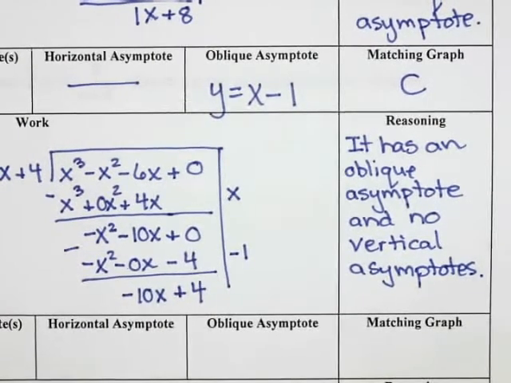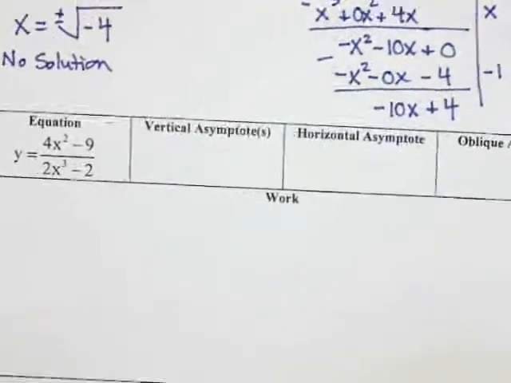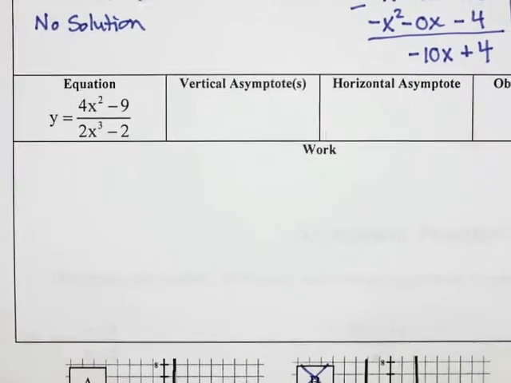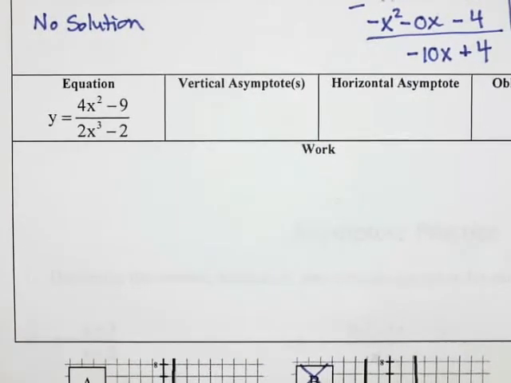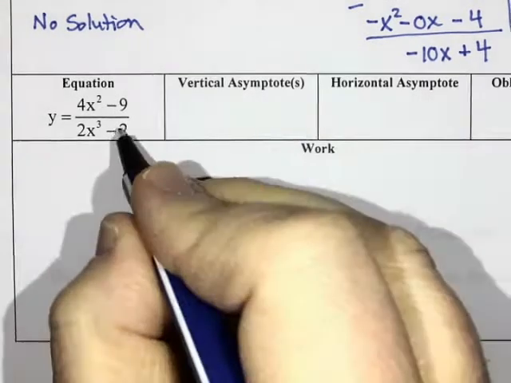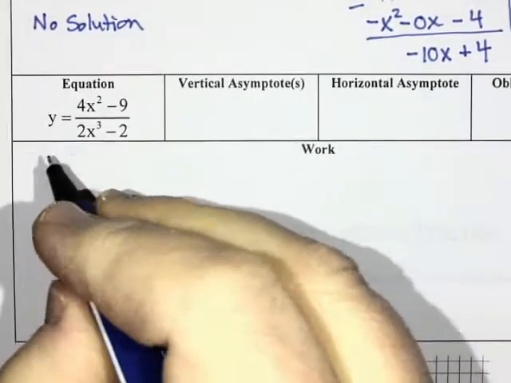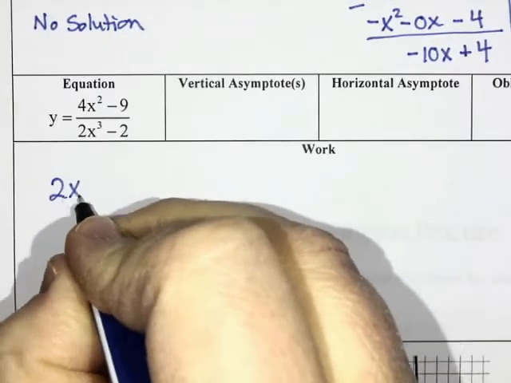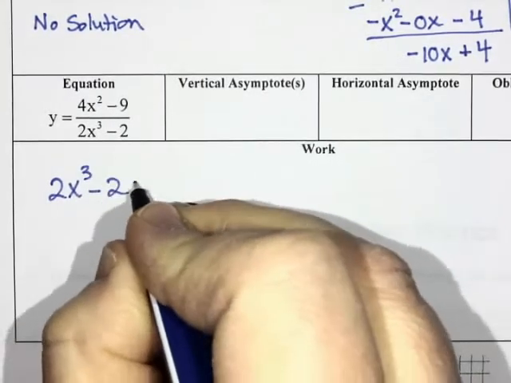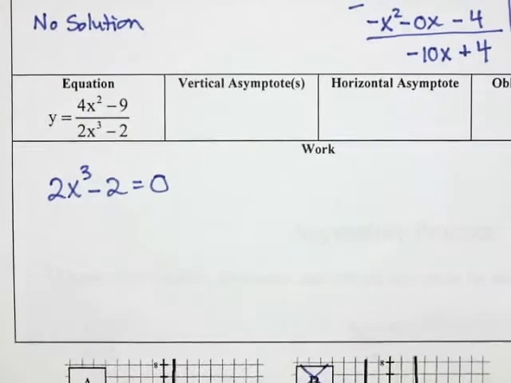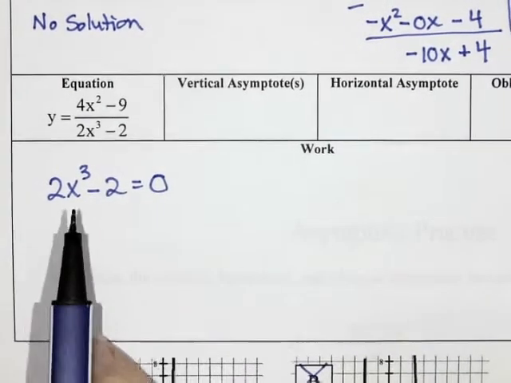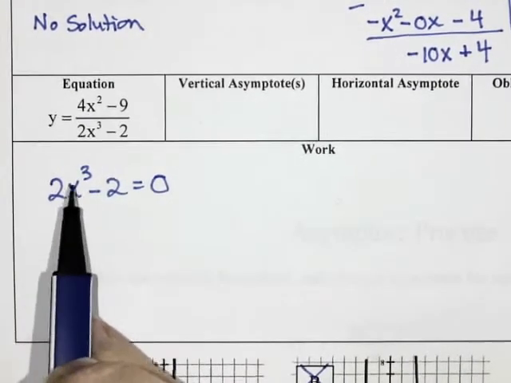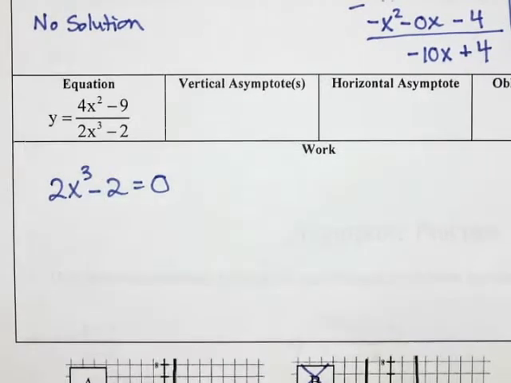Okay, and our last one, we have y equals 4x squared minus 9 divided by 2x cubed minus 2. So for the vertical asymptotes, I'm going to look at the denominator. So I want to know what makes 2x cubed minus 2 equal 0. I could try to factor this, but because it only has a single x here, I can just rearrange.